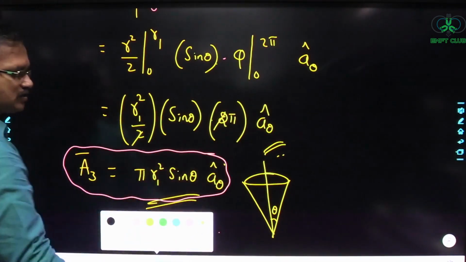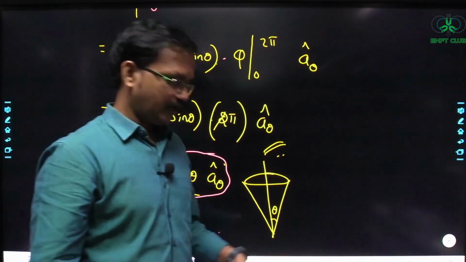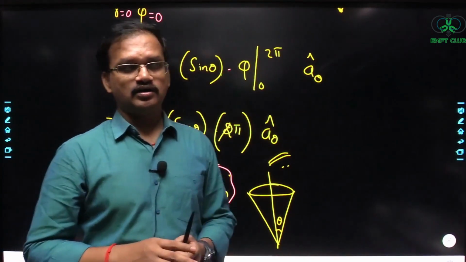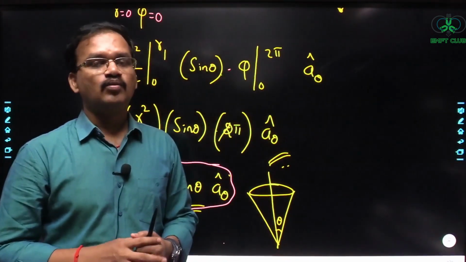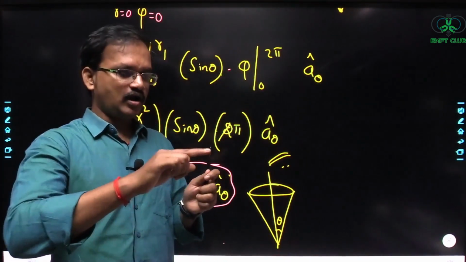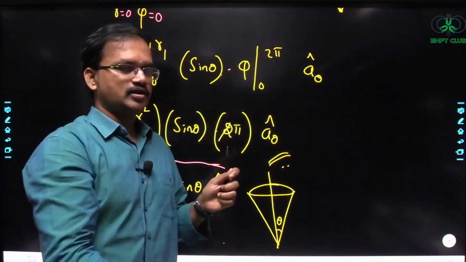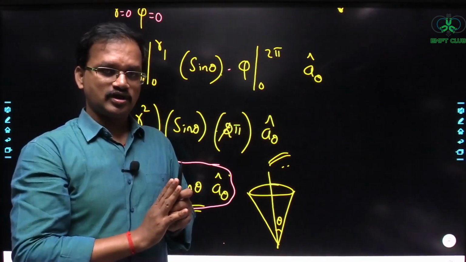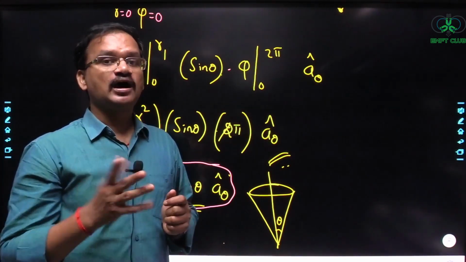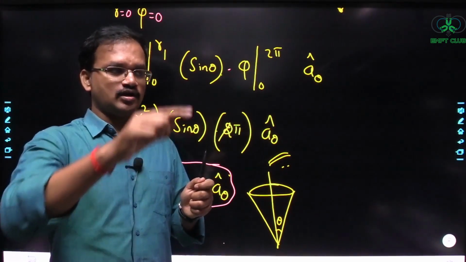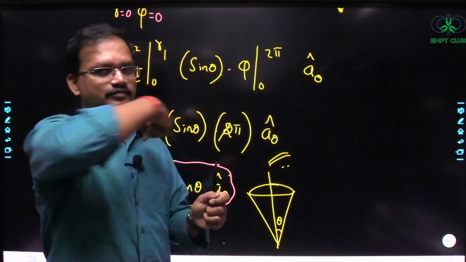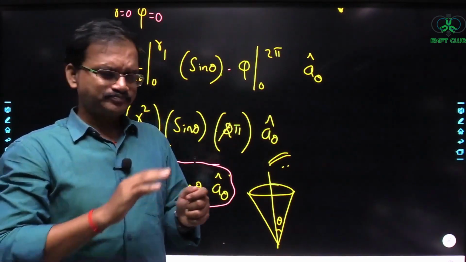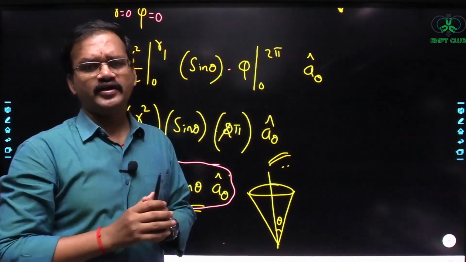So what are the three surfaces that we got here in the spherical coordinate system? By varying r and theta, we got the surface area of a semicircle. Understood? Next, by varying theta and phi, keeping r constant, we got the surface area of a sphere.